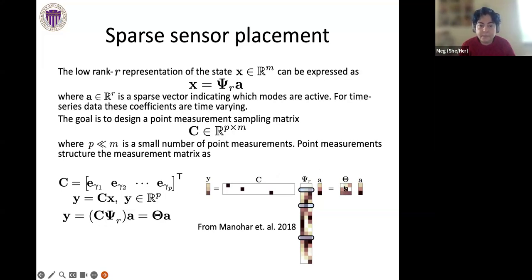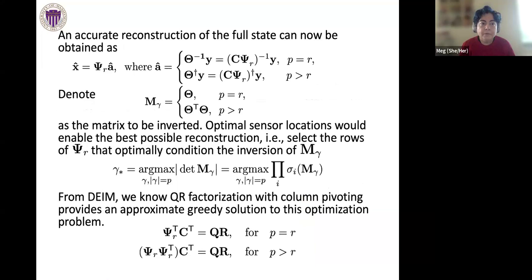So giving us this Theta A matrix. So now we can have an accurate reconstruction of the full state by inverting that matrix Theta.